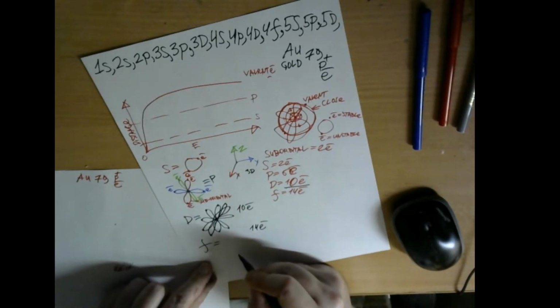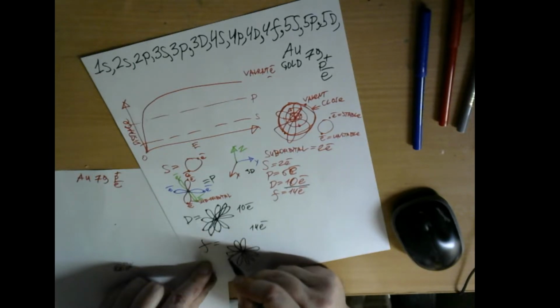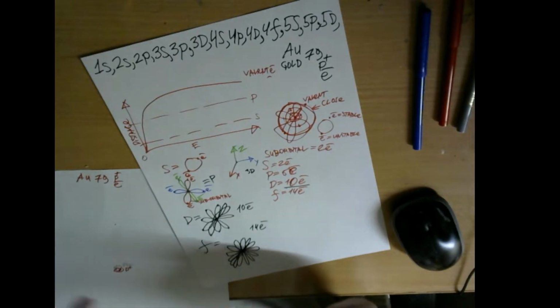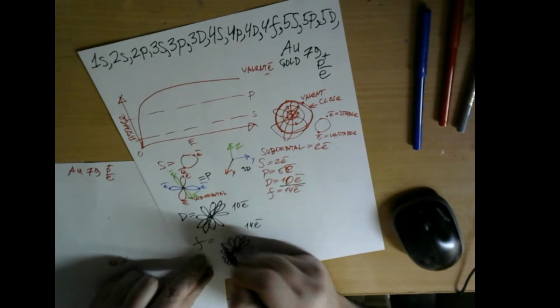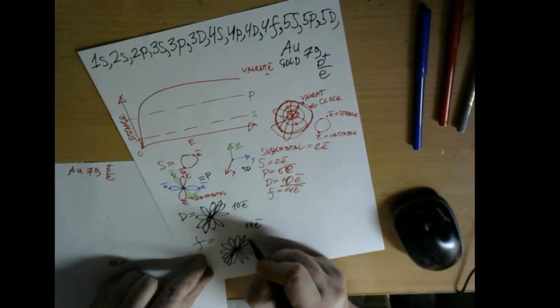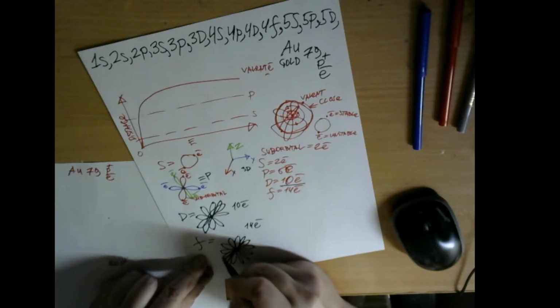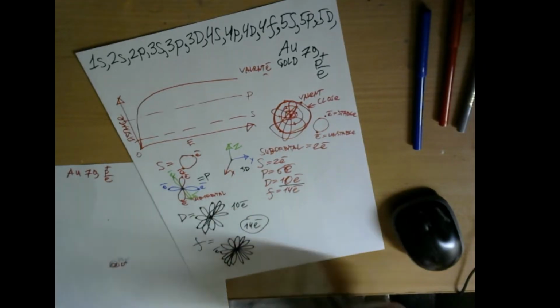It would be 1, 2, 3, 4, 5, 6, 7, 8, 9, 10, 11, 12, 13, 14. This would be an F orbital. Let's put it like that. 14 electrons. We have 40 electrons here.